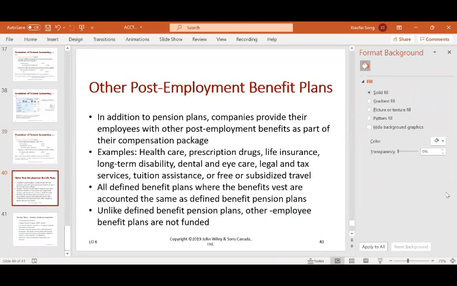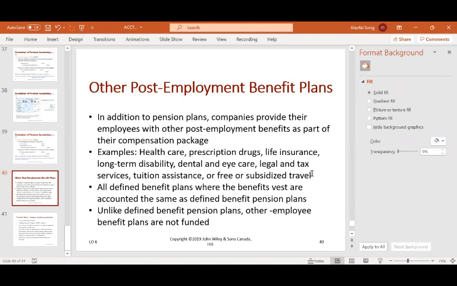A couple more things. We pretty much finished, but a couple more things. Other post-employment benefit plans. We focused on the pension, but that's not the only thing. In addition to pension plans, companies can provide their employees with other post-employment benefits, such as healthcare, prescription drugs, life insurance, long-term disability, dental and eye care, and so on.